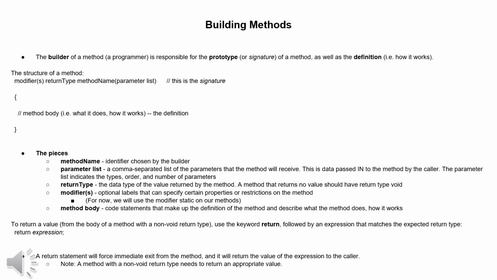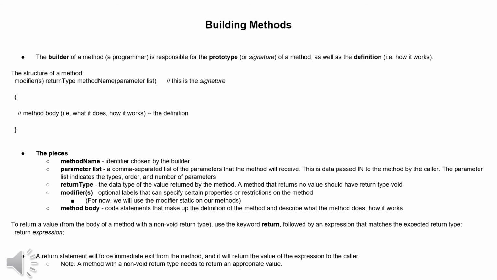First, you need to write down the modifiers, then return type, then method name, and inside the parentheses, a parameter list. Then you need to open the braces, and inside the opening and closing braces, you need to write the method body. I'm going to explain each part separately, so don't worry if you don't know them.